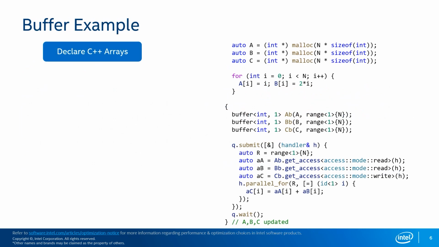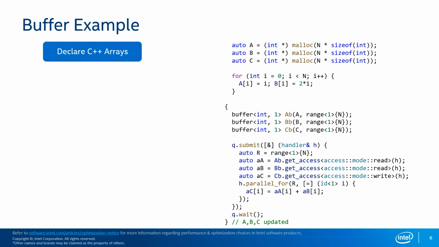Next, we will go over an example comparing how buffers and USM are used in a program. Here, we have a simple vector add kernel that adds together the elements of two arrays and stores the results into a third array. First, we must allocate our C++ arrays on the host.